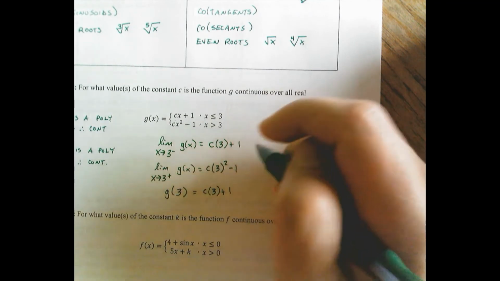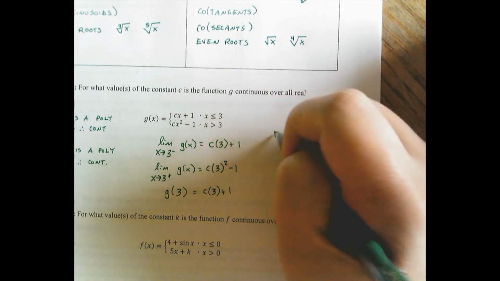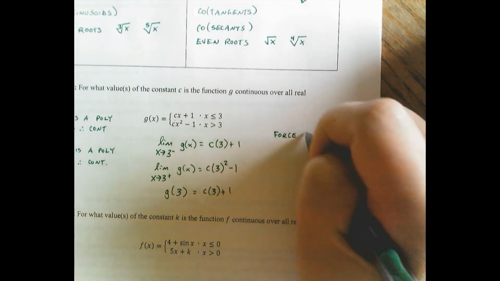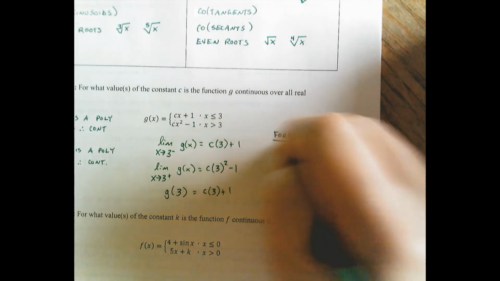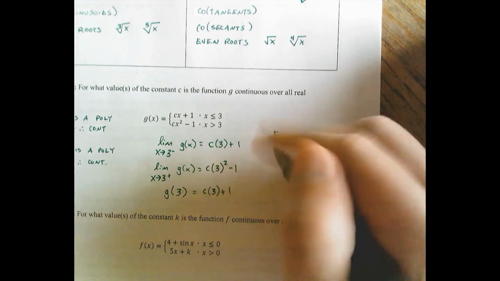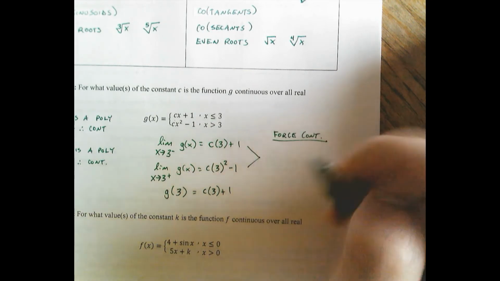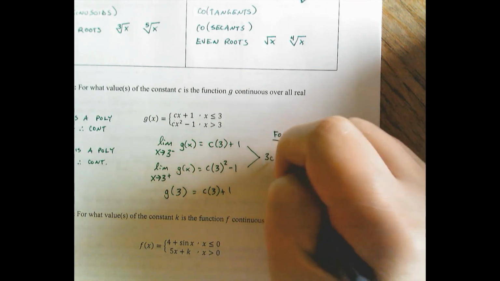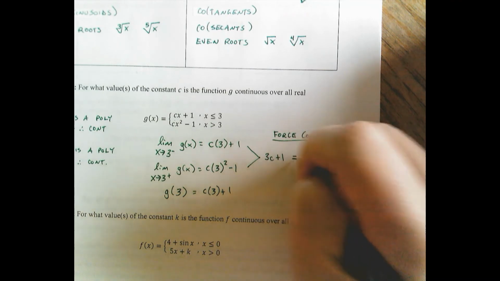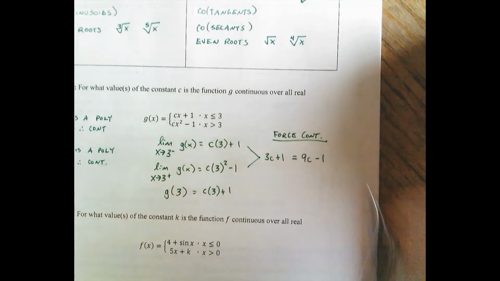If I want to establish continuity, if I want to force continuity, then what I would be saying is these two numbers need to be the same. 3c plus 1 must equal 9c minus 1.